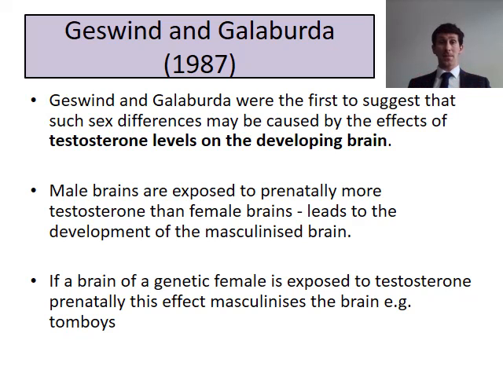And if the brain of a female is exposed to higher levels of testosterone prenatally, then that will masculinize their brain as well. That might be one of the explanations why we get tomboys, so girls who act as though they're boys during childhood. One reason may be that their brains were exposed to higher levels of testosterone than other females.